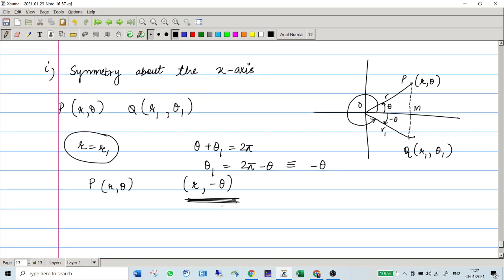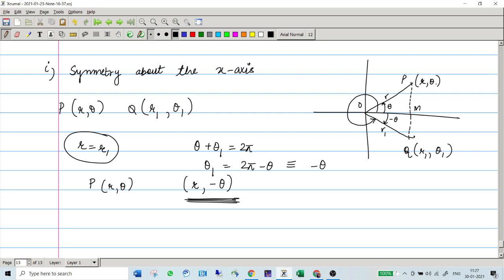I'm repeating that you want to check under what situation the point P given by r comma theta will be symmetric to a point Q given by r1 comma theta 1 when we are checking the symmetry about the x-axis. So just imagine that you are placing a mirror along the x-axis and you are checking that P and Q should be the mirror images of each other.